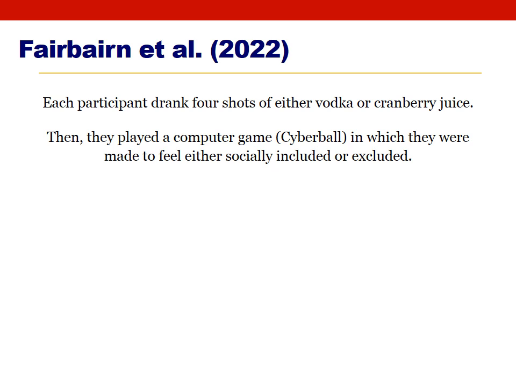For those who aren't familiar, Cyberball is an online simulation where you're led to believe that you're throwing a ball around, playing catch, with a number of other participants who are sitting in other rooms. Some people are made to feel included, meaning the other people sometimes throw them the ball, sometimes don't. Some people, however, are made to feel excluded. They can see the other people throwing the ball, but they never get the ball thrown to them.